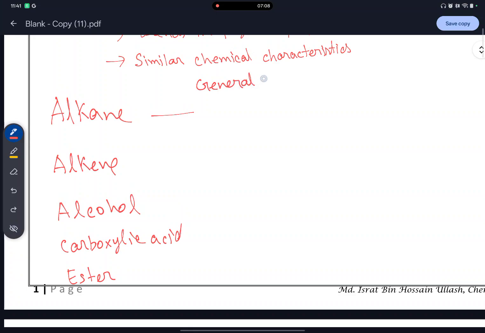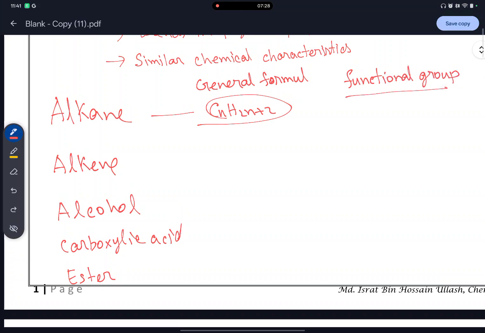The general formula of alkane will be CnH2n+2. This one may sound weird, but I will discuss that later. Second one will be the functional group. Now you may think, what is a functional group?